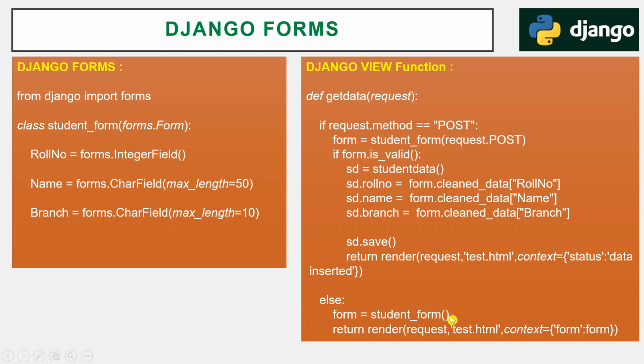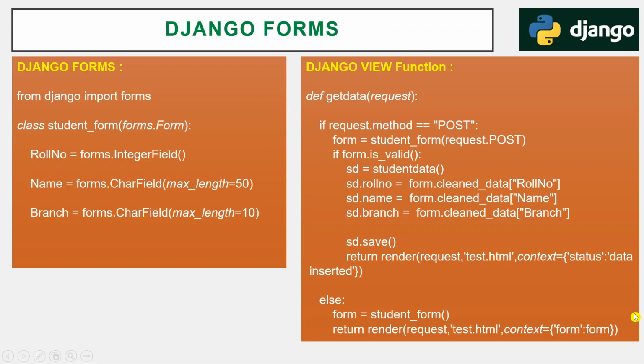The student_form will be instantiated to a variable, and then we tell Django: return render request, render this template test.html with the context form colon form. This is a dictionary. This first form is a key, and this second form is the variable. Please distinguish them.